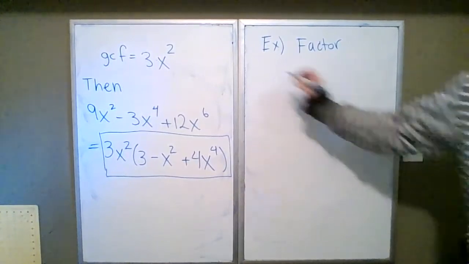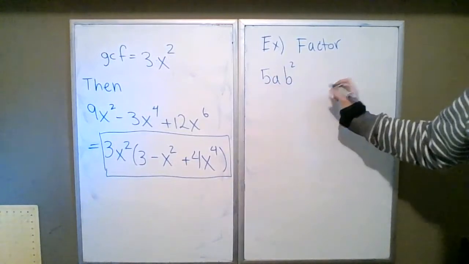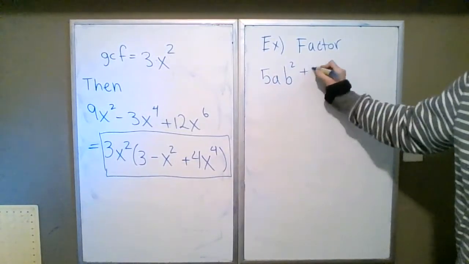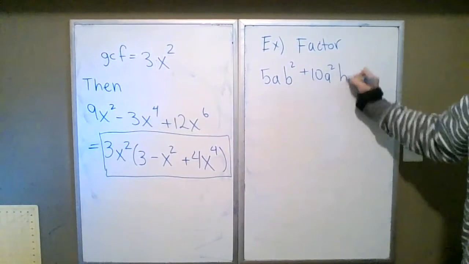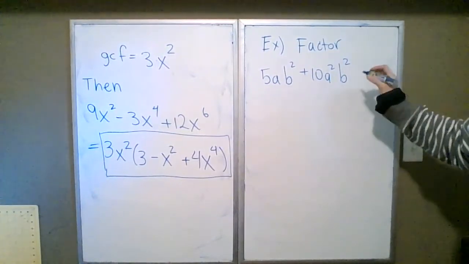Five ab squared, add 10a squared b squared, add 15a squared b.